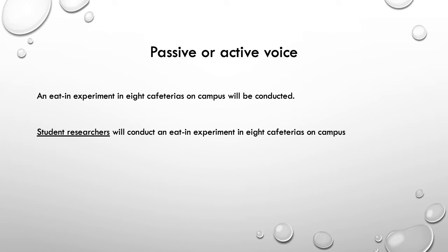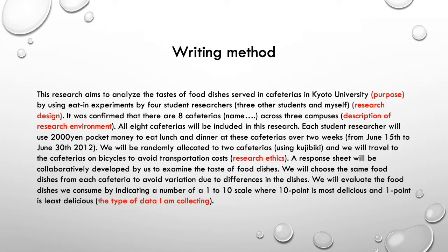Another way to rewrite the sentence is, of course, to write it in the active voice, but we replace I or we with student researchers. Student researchers will conduct an experiment in 8 cafeterias on campus. This is an example of method.